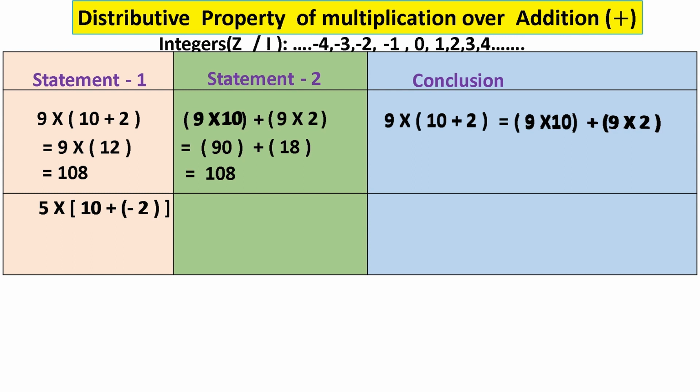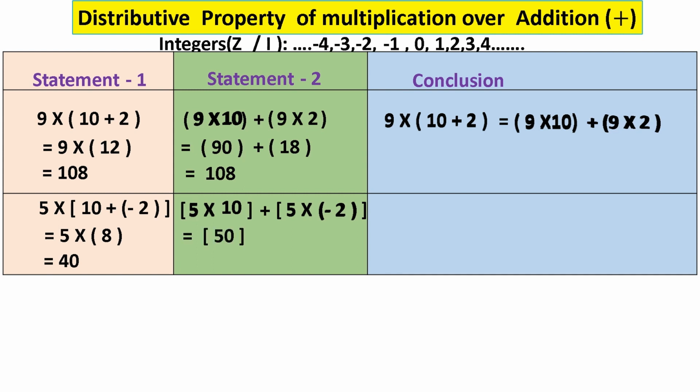Now second example, 5 into 10 plus minus 2. We do the bracket first: 10 plus minus 2 is 8. So 5 into 8 is 40. In the second statement, 5 into 10, here is a plus, that's why I write the plus here, 5 into minus 2.